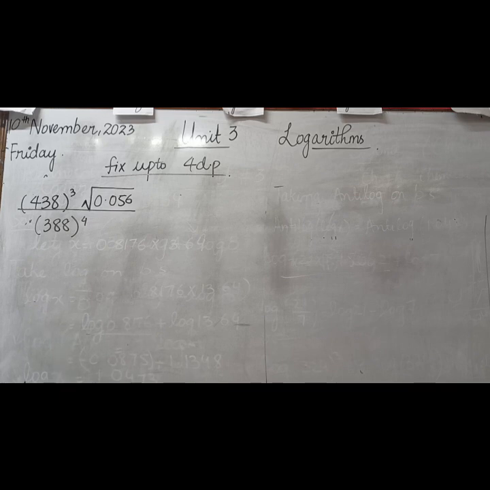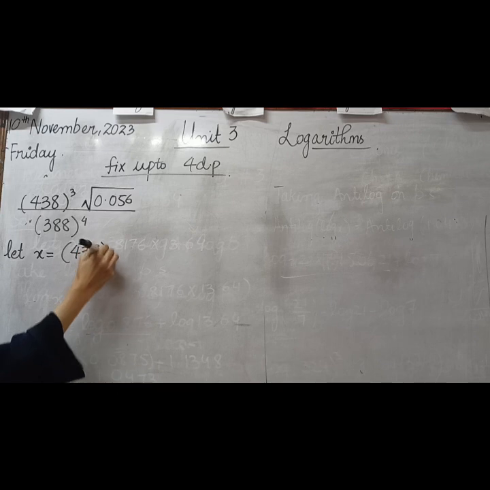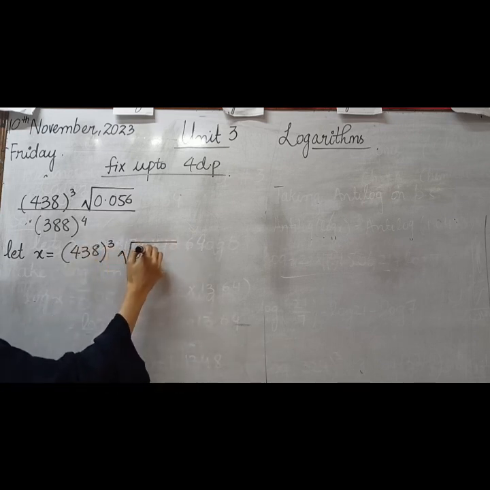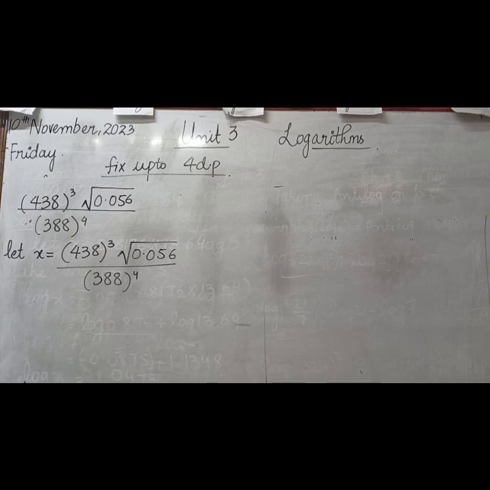The first step is to let x is equal to 438 raised to power 3, 0.056 over 388 raised to power 4. What will be the next step? The next step is to take log on both sides.